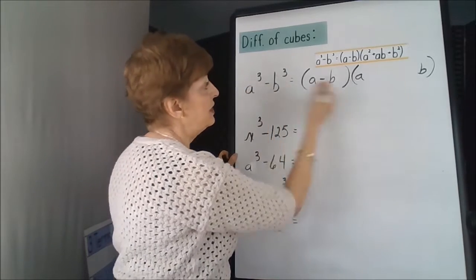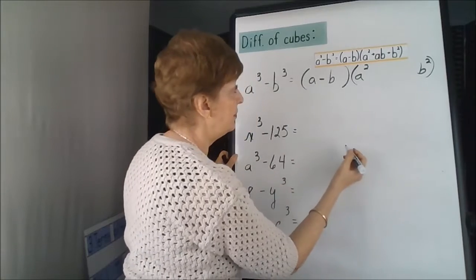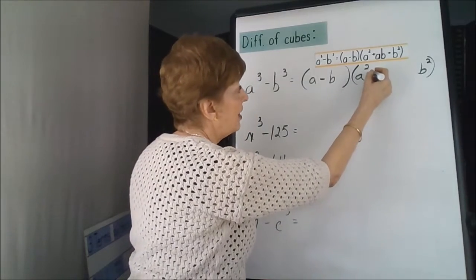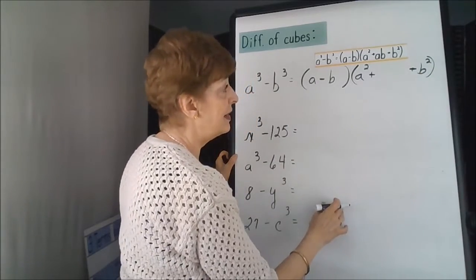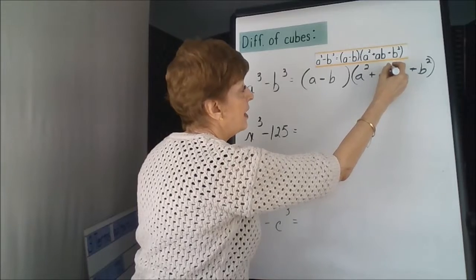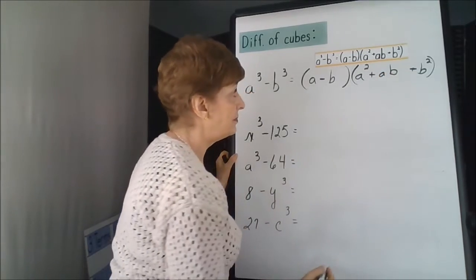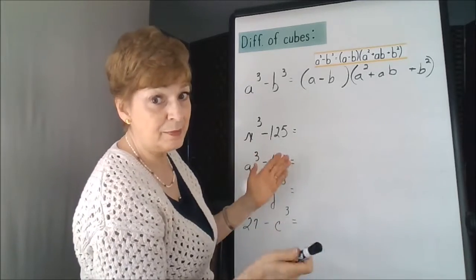These are cubed, so that means that these become squared. And in the middle, we've got two positive signs, and one of the A's is multiplied by one of the B's. So our formula then is pretty much a copy job.